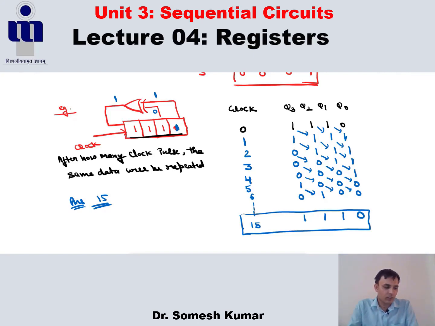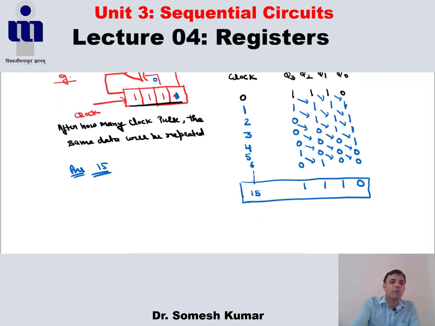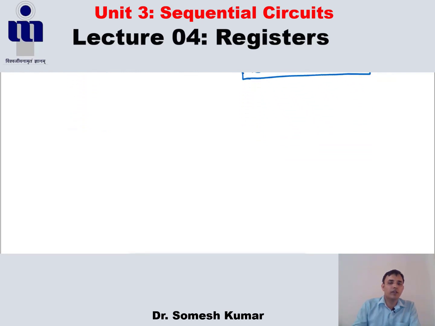Next we will study the next classification, that is PIPO, parallel input, parallel output. As the name suggests, in the parallel input, parallel output, input is given parallelly and the output we are also getting parallelly.